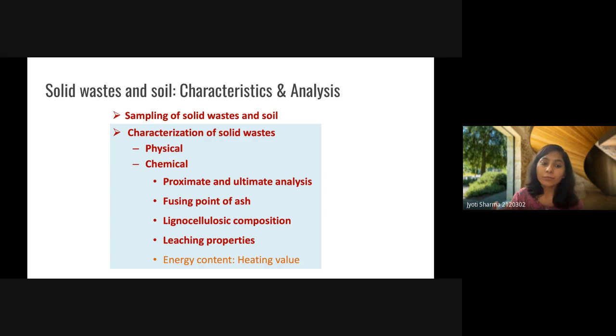And when we are doing combustion, or burning it in the absence or presence of oxygen, how much energy the solid waste can give us. Such properties we need to know, and we must know the method to measure them, right?